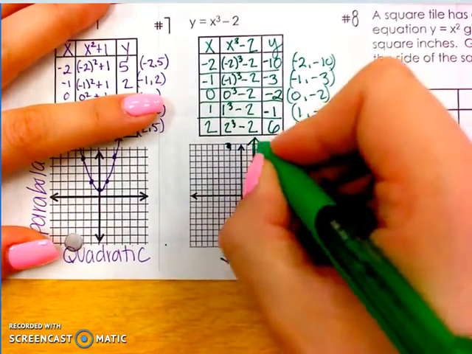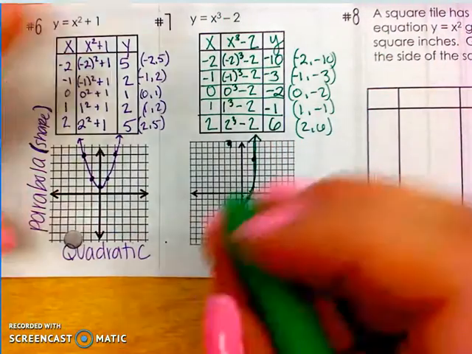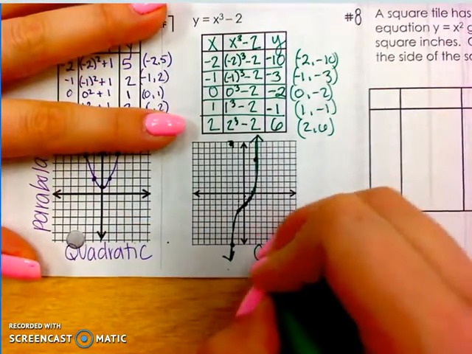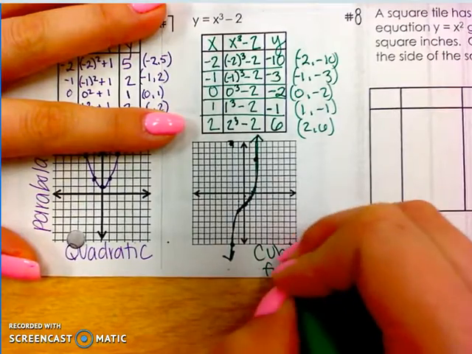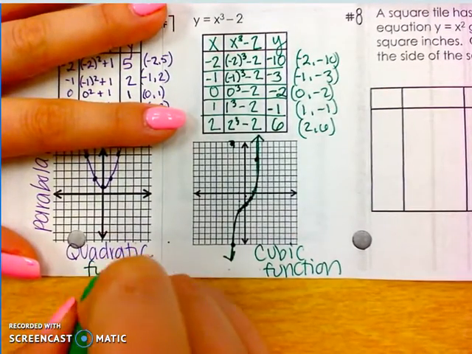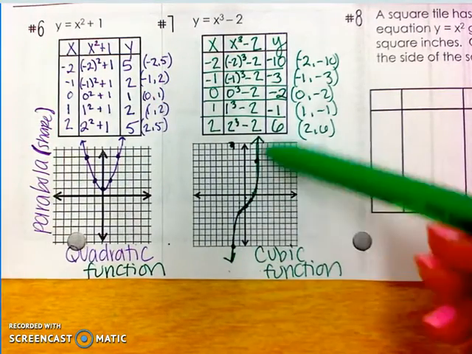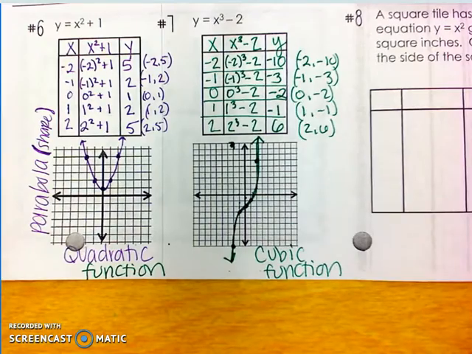Okay? And this is a cubic equation, or cubic function. This was a quadratic function. And that's the shape of every cubic function. It is not a straight line, it is a curlicue.